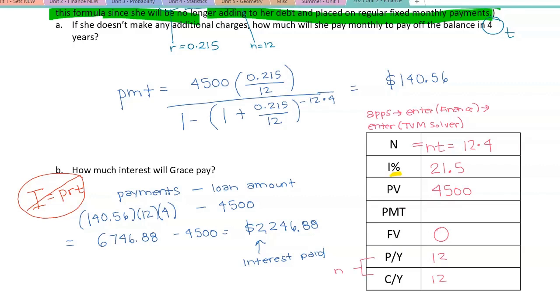Once you have all those arguments filled in, you're going to arrow up to the payment argument. You're going to click the alpha button, then followed by the enter button, and your answer should match exactly. So that's how you do a loan payment.